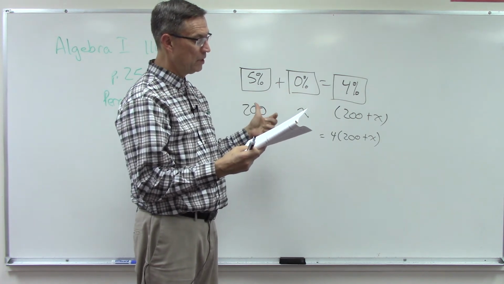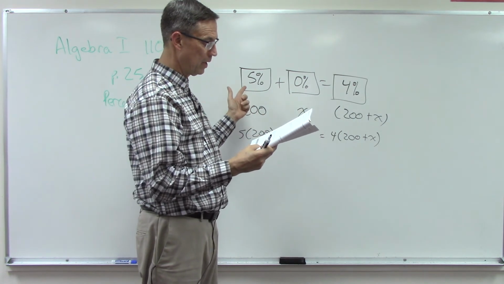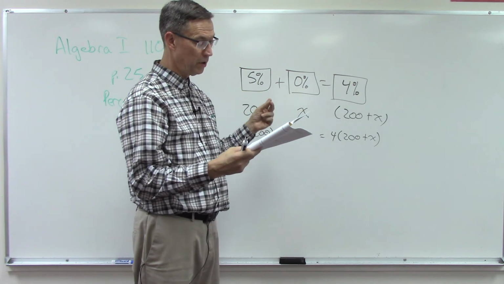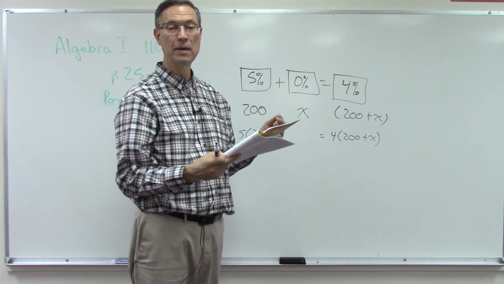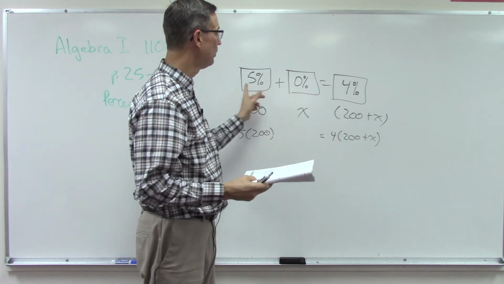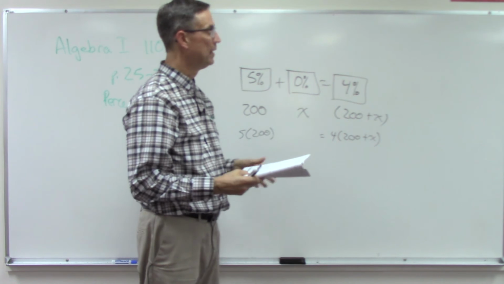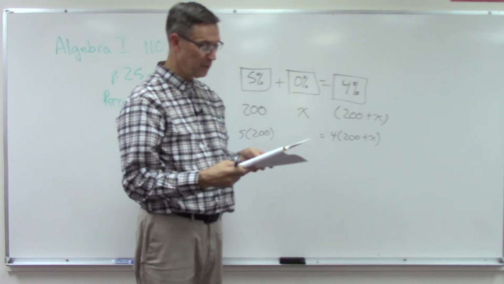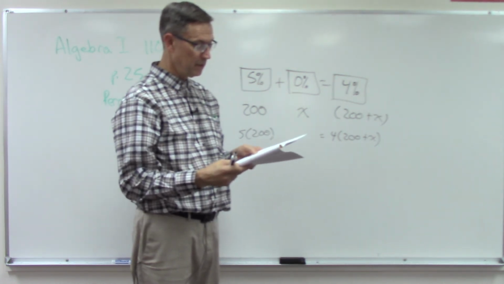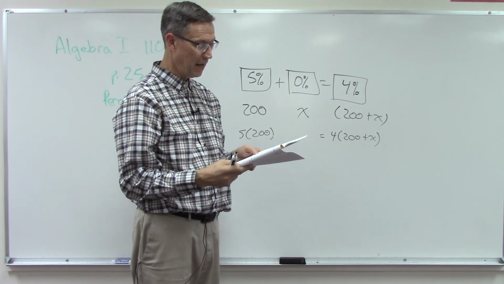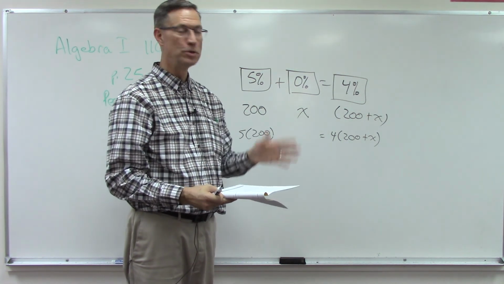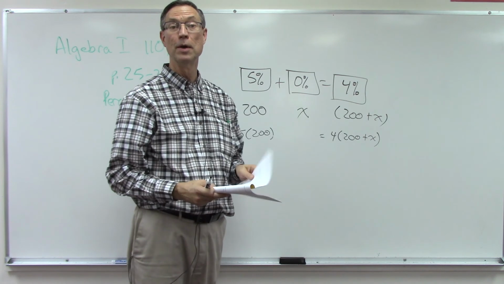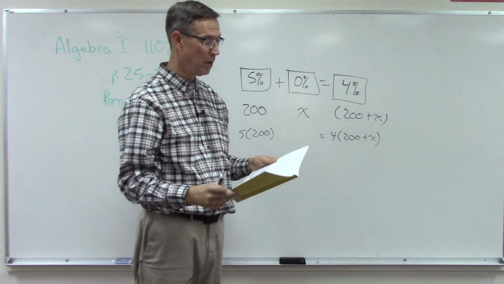Okay, so it gives us a hint here. The water is 0% antifreeze. So again, this is a similar problem. You set it up in the same way, and they even give you the formula, okay? But again, I would convert the decimals to just be whole numbers. It's a little bit easier that way, and you'll get exactly the same answer, okay?